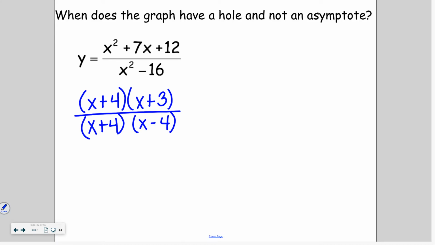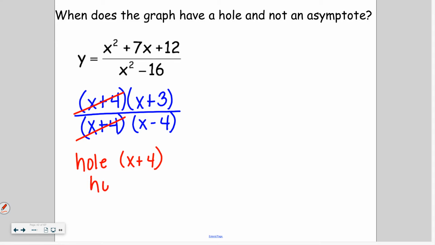Now we need to look and see if anything cancels. This is why we did this in the very beginning. If I look at this, the x plus 4's cancel. So we would have a hole where x plus 4 is. We would want to set that equal to 0 as well.